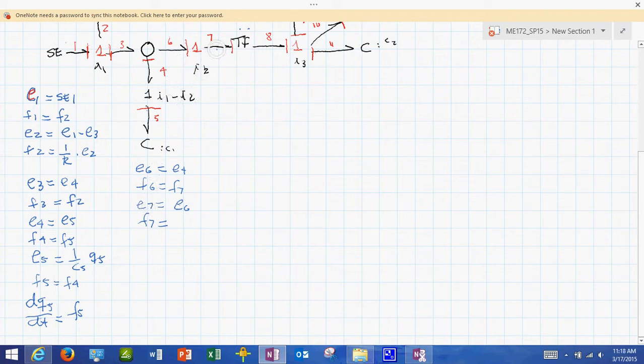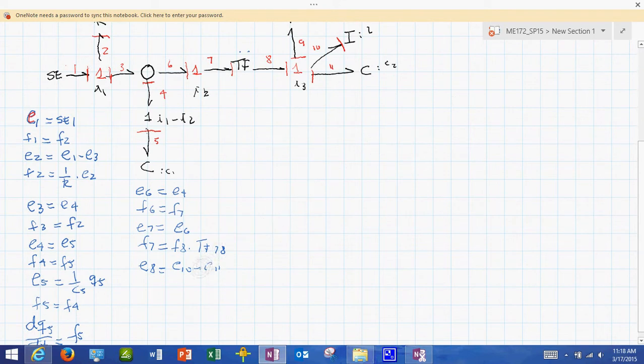E sub 7 is E sub 6, but F7 is F8 times TF. E sub 8 is E7 times TF.